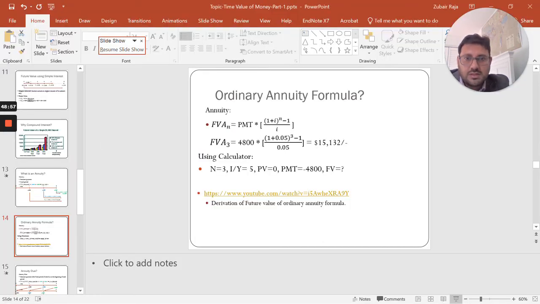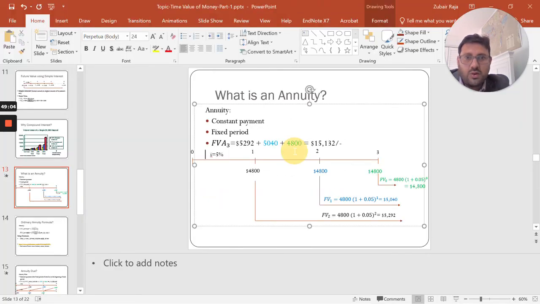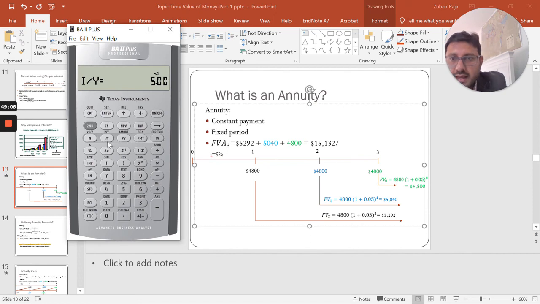And if you see over here, the present value is 0. So I will feed this into my calculator. Again, 3 is the n, 5% is my interest, present value is 0, equal payments are 4,800.